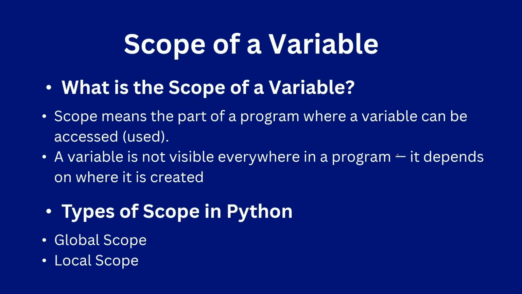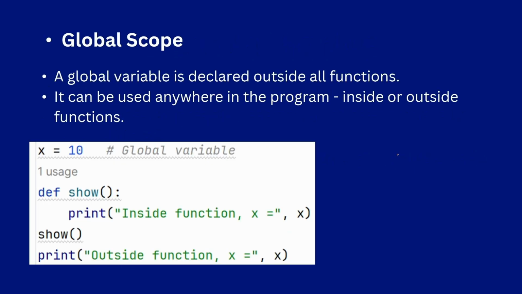We have two types of scope in Python: global scope and local scope. We will learn about both these scopes in great detail. First is global scope. A global variable is declared outside all functions. It can be used anywhere in the program, inside or outside a function. Here, x equals 10 is a global variable.